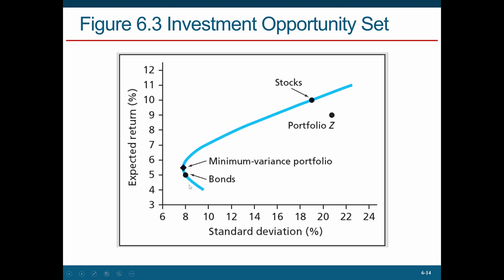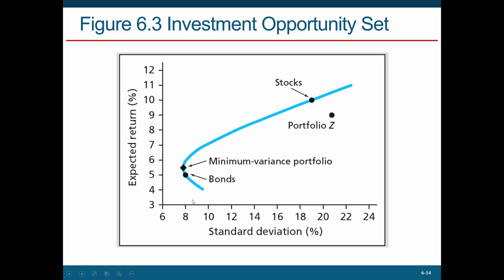One is this lower part of the curve, and then you have this upper part of the curve. What can we say about the desirability of the portfolios on the lower part of the curve? Would any investor consider investing in any of these portfolios? Well, the answer is no, because for the same level of risk, you can always find a portfolio on the upper part of the curve that has a higher expected return.